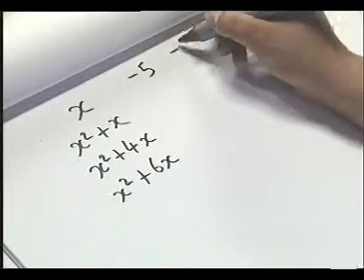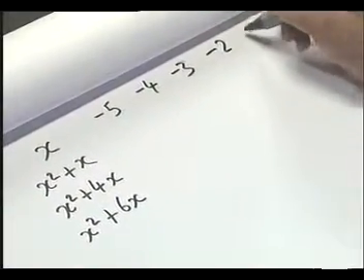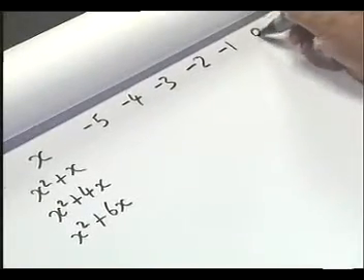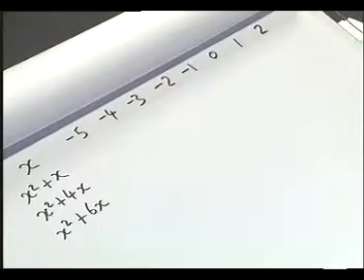And for my x values, I'm going to choose values of -5, -4, -3, -2, -1, 0. I'm going to go all the way up to a value of 2.